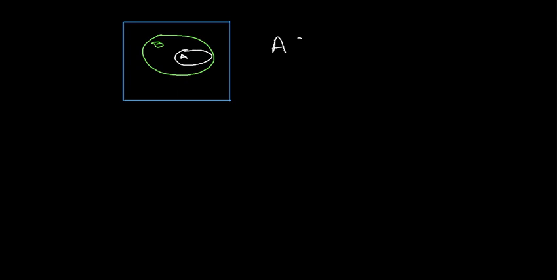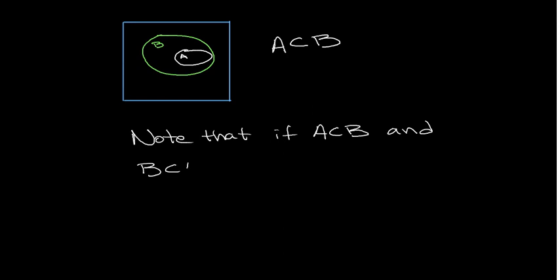Let's say that we have here our universe set, and let's say that we have set B, and let's say that this is set A. In this case, we are representing that A is a subset of B. Now, one thing to note, if A is a subset of B and at the same time B is a subset of A, then A equals B as sets.